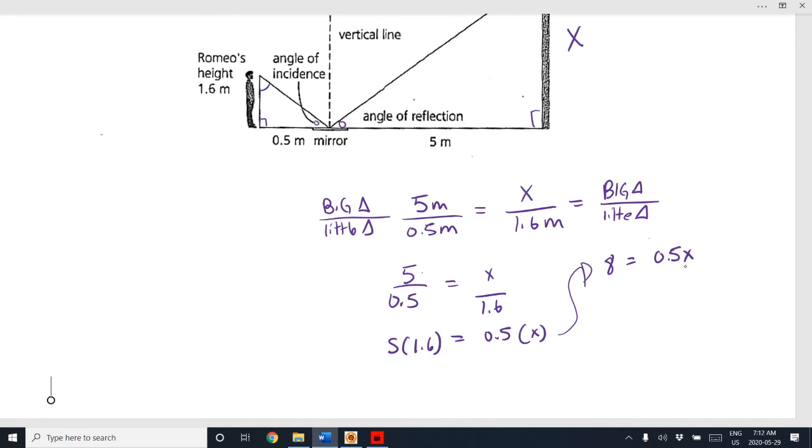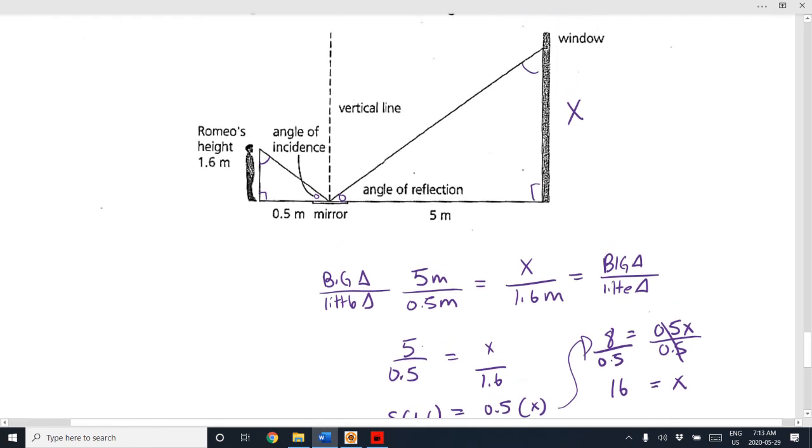And to get rid of the 0.5, we're just going to divide 0.5 out on both sides. These are going to cancel. 8 divided by 0.5 is 16. So therefore, x is equal to 16. So we know Juliet's window is 16 meters from the ground.